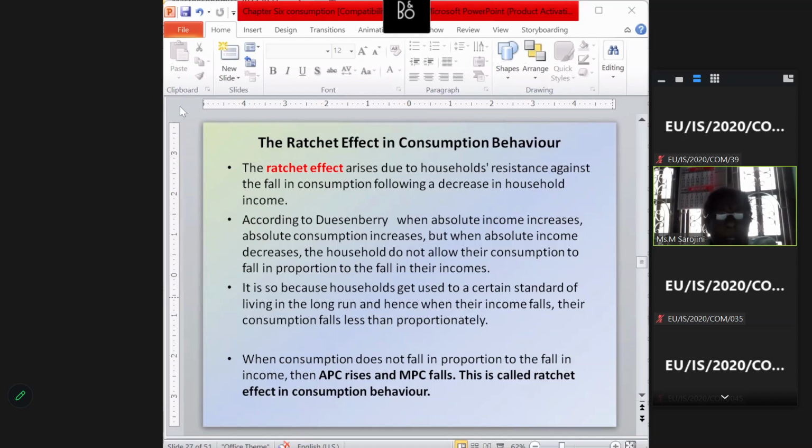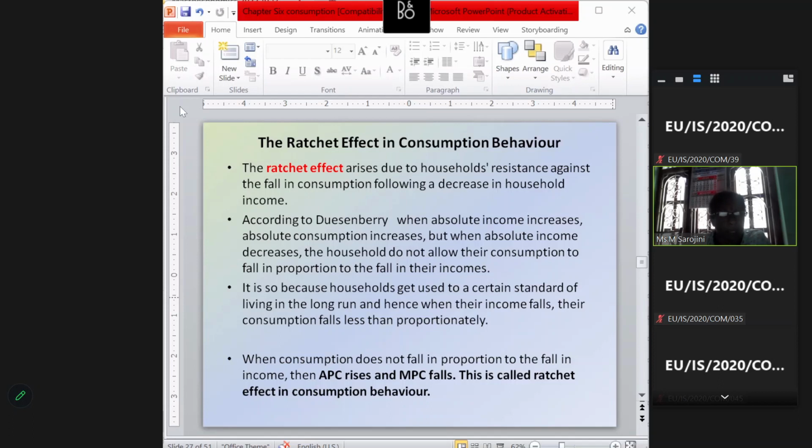So that is the main reason, or the reason behind the theory or concept, right? Once the income increases, consumption also increases, but when the income decreases, the individuals don't like to reduce their consumption.